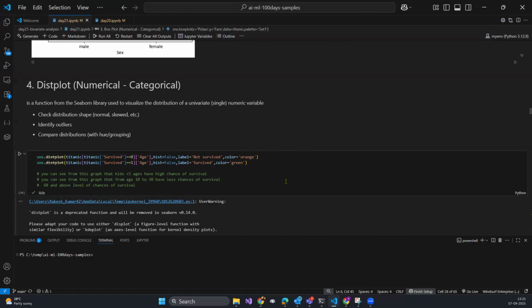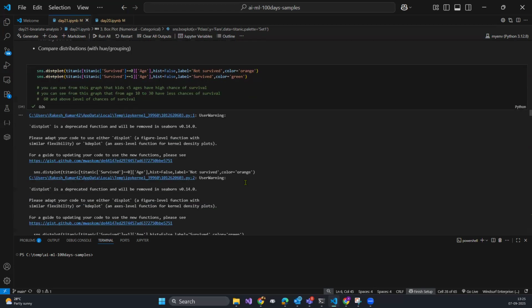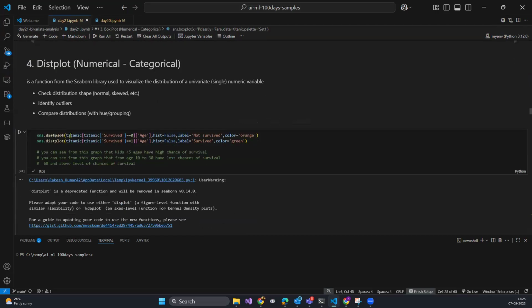And it shows the normal data distribution, skewness and outliers, and compares the distribution. So, for example, here we are trying to see filtering out who were survived, and we are getting their age.